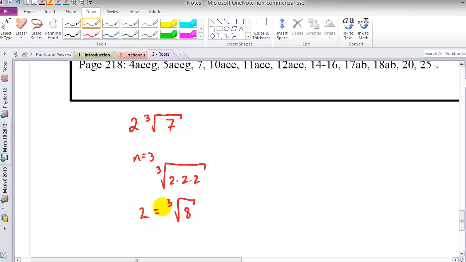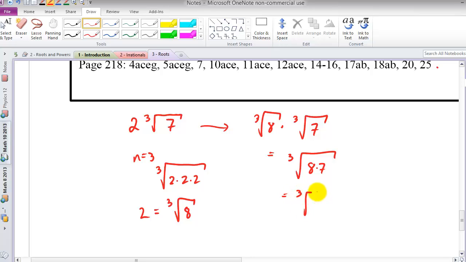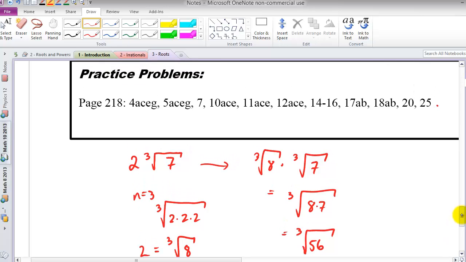So that's 2 is equal to the cube root of 8. So I can rewrite this as the cube root of 8 times the cube root of 7, which is equal to the cube root of 8 times 7, which is equal to the cube root of 56. There you go. Try some practice and let me know how it goes.